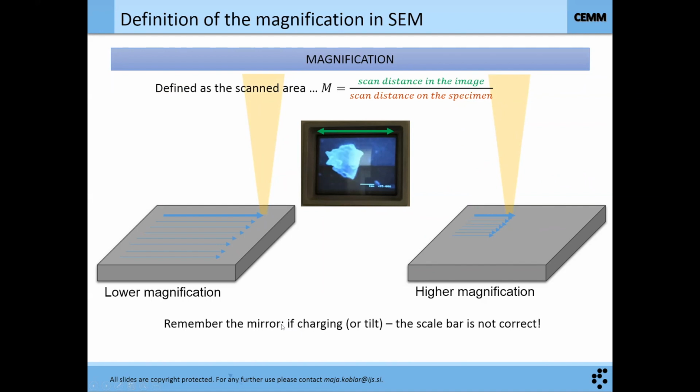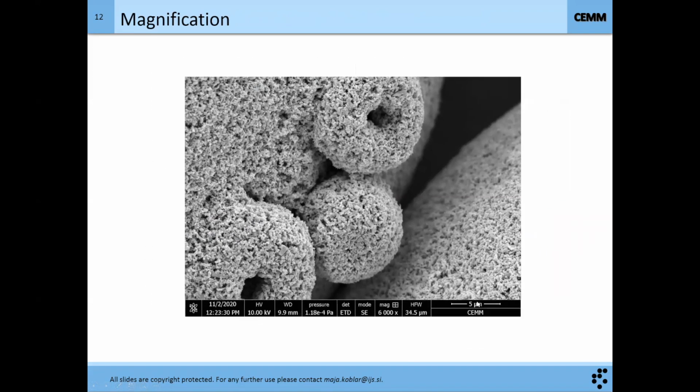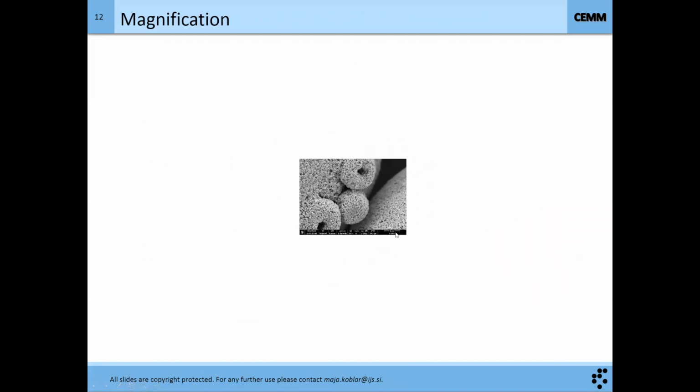If you remember the mirror effect that you get on the SEM, the magnification is not correct, or the scale bar. When you have an SEM image, you never look at the magnification number. You usually look at the scale bar, because if you rescale the image, the scale bar is rescaled, the magnification stays the same.